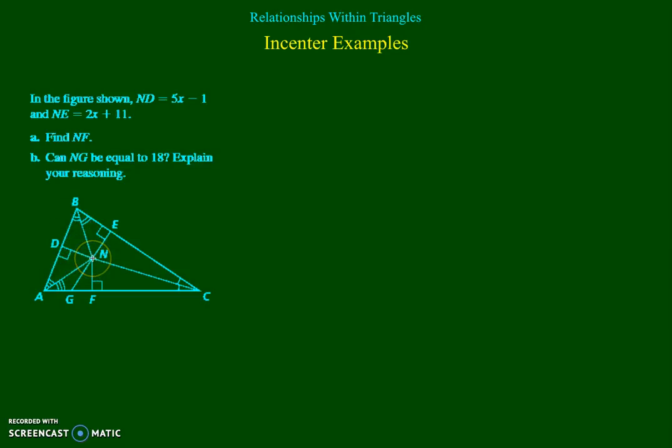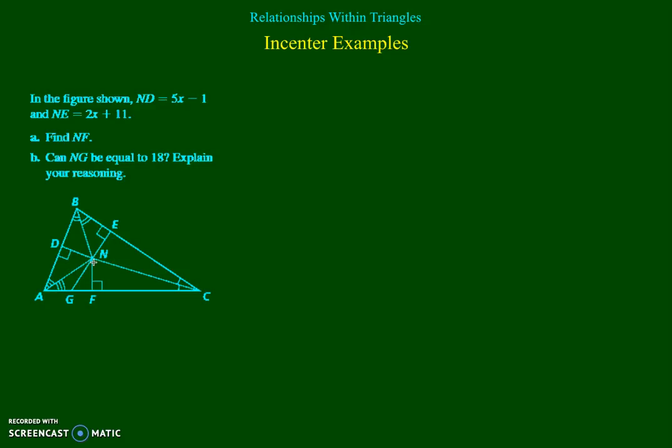Now the tip-off there was the fact that this segment is perpendicular to the side, and we know that the distance from a line to a point not on the line is the length of the perpendicular segment from the point to the line. So this clearly tells us that those three are the distances from that point to the sides of the triangle. Now let's assimilate the information they give us.